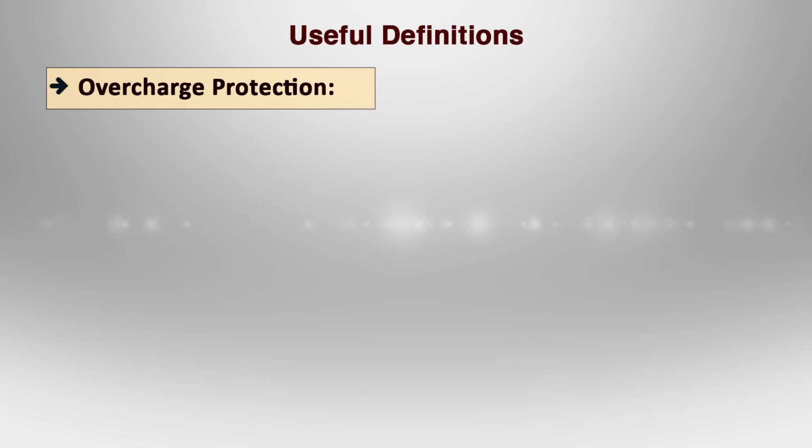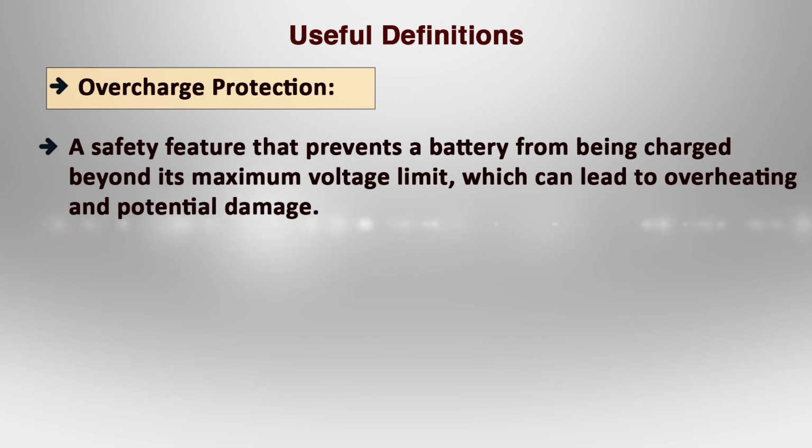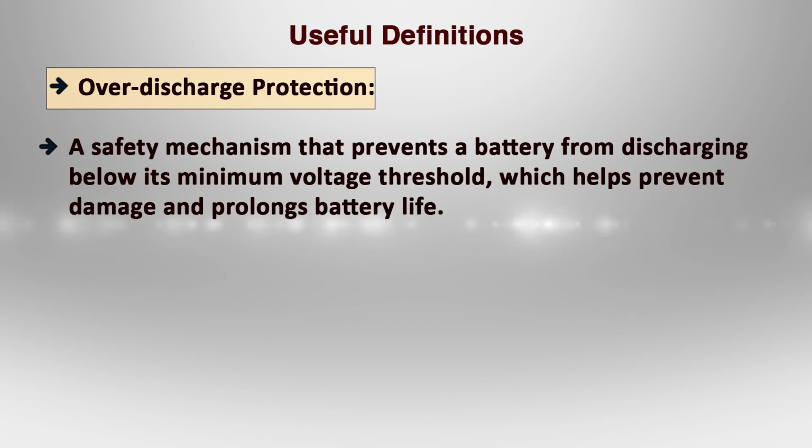Overcharge protection is a safety feature that prevents the battery from being charged beyond its maximum voltage limit, known as over voltage charge protection. The next protection is the over discharge protection, a safety mechanism that prevents a battery from discharging below its minimum voltage threshold.